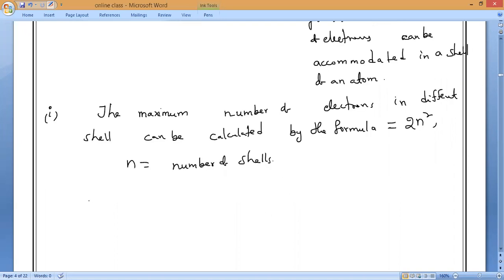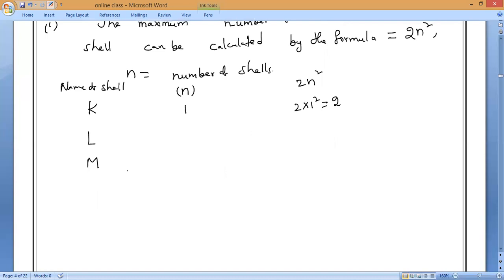If you take K, for example, what is the shell number? Name of the shell and number. The number of the shell is 1. So the maximum number of electrons we can accommodate is 2 into 1 square, which is equal to 2. Same way, shells L, M and N, the shell numbers are 2, 3 and 4.